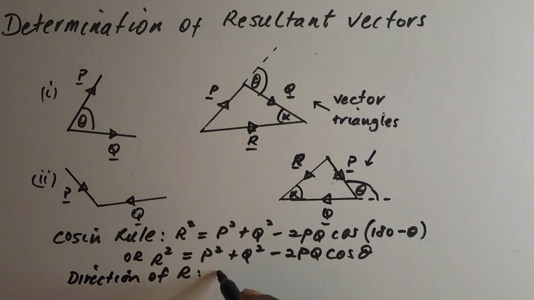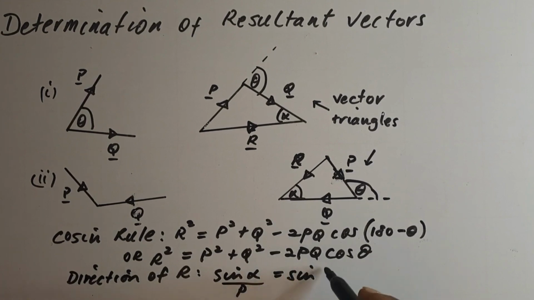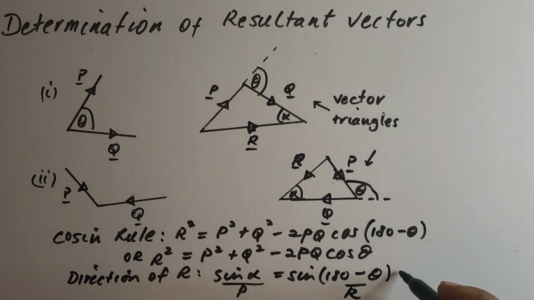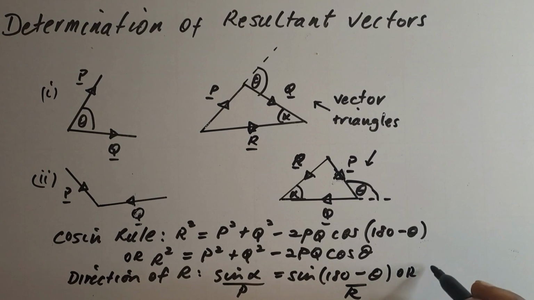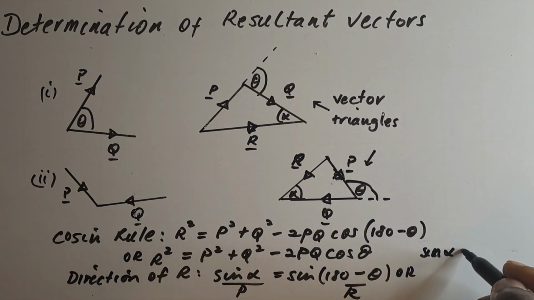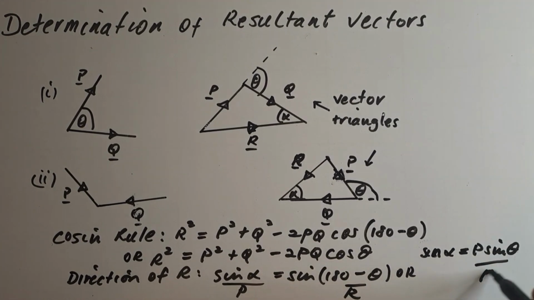So we have that sine alpha over p equals sine of 180 minus theta over r, which we can write as sine alpha equals p sine theta divided by r.